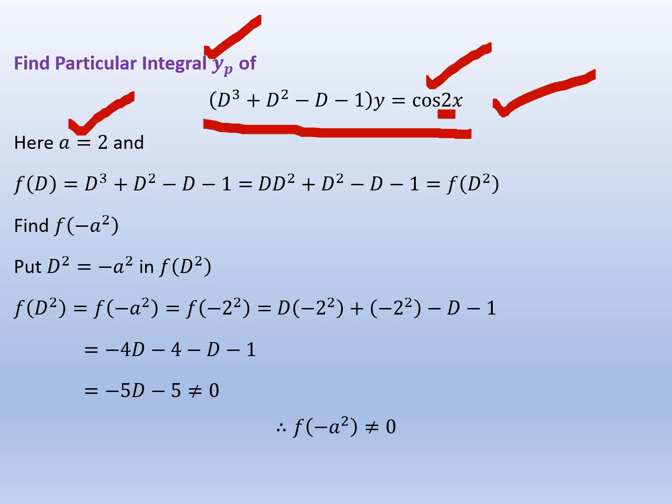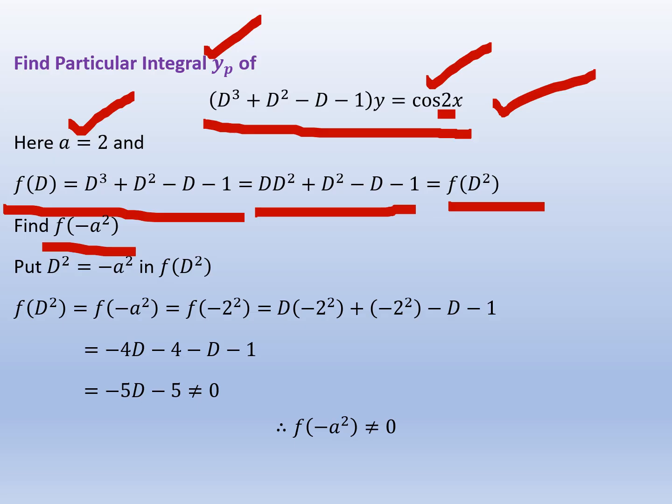And we know that f of d equals d cube plus d square minus d minus 1, which can be written as d into d square plus d square minus d minus 1, which will be equal to f of d square. Now find f of minus a square. Put d square equals minus a square in f of d square.